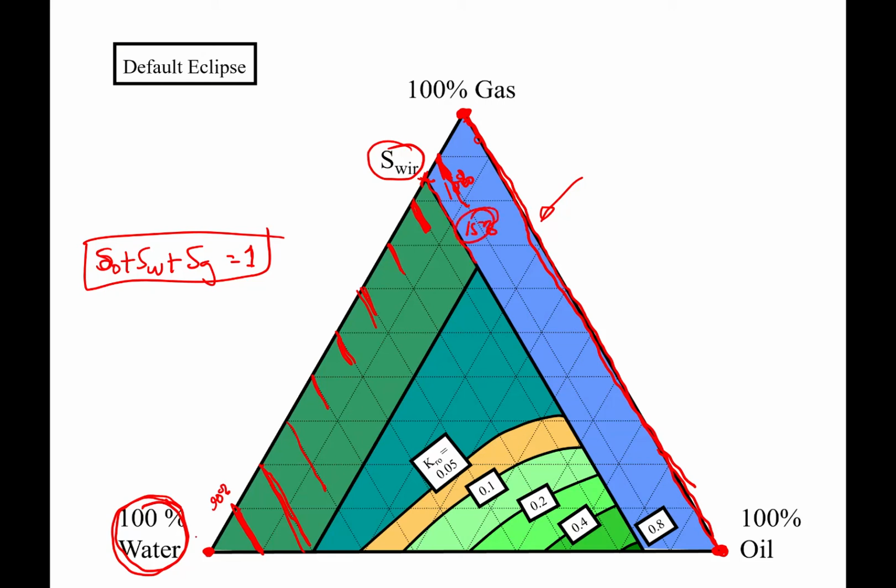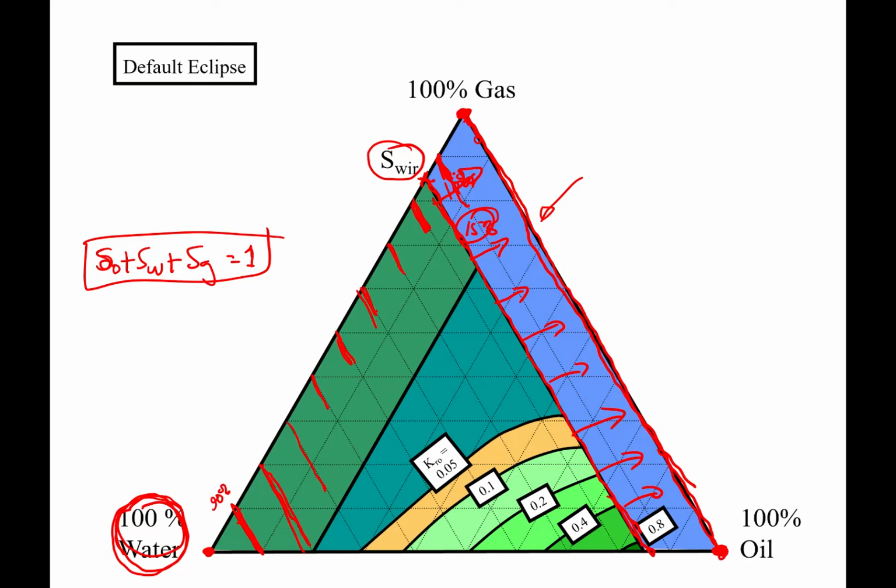We basically just started from 100, 90, 80, 70, 60, 50, 40, 30, 20, 10. Between 10 and 20 is 15%. And that entire line shows you the residual water saturation. So you are not able to reduce water saturation beyond this, which is why it's irreducible water saturation.